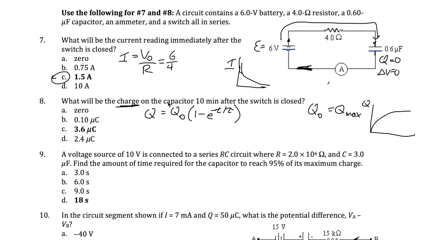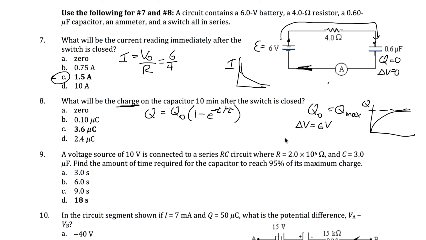So this Q0 is definitely not the initial charge because you start with 0. If you had 0 here, then you'd always have 0. So this Q0 actually stands for the maximum charge here. And you get the maximum charge when you have the maximum potential difference across here, when you have the full delta V equal to 6 volts.